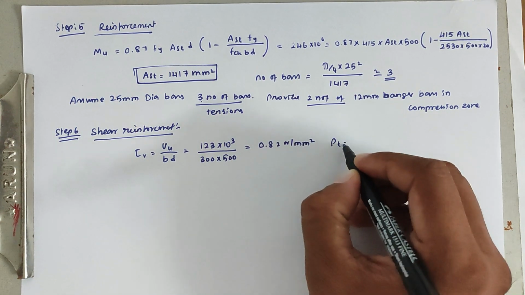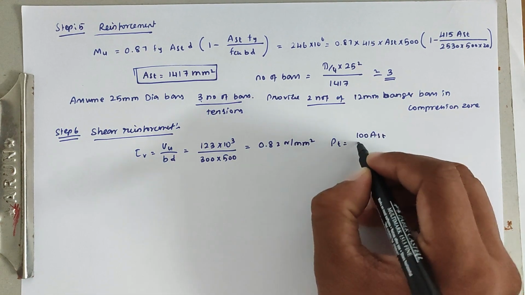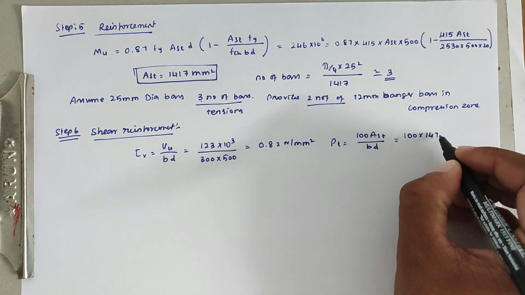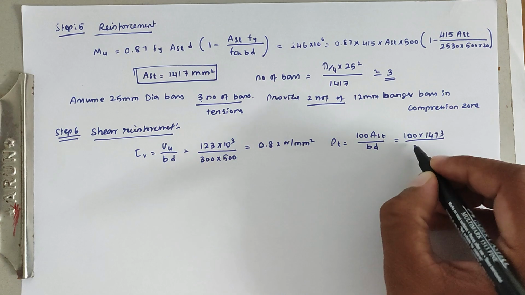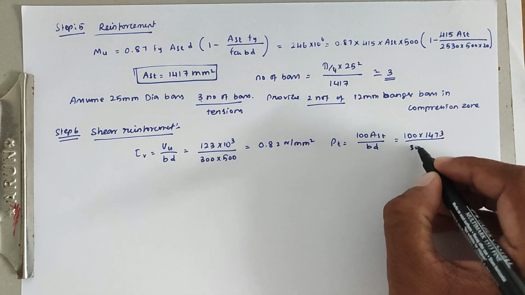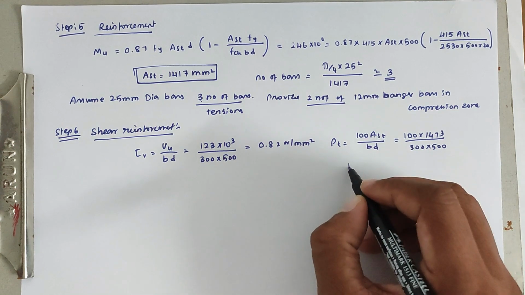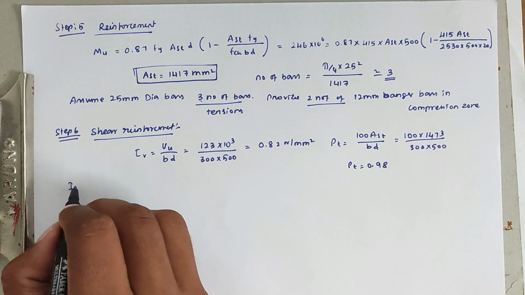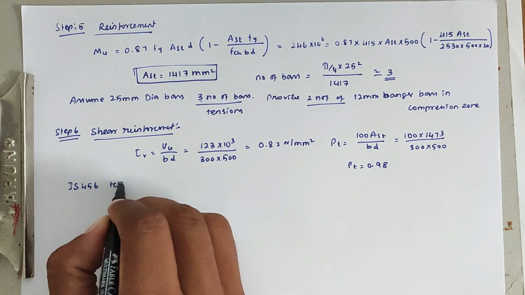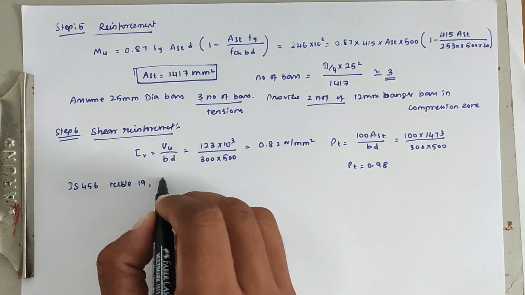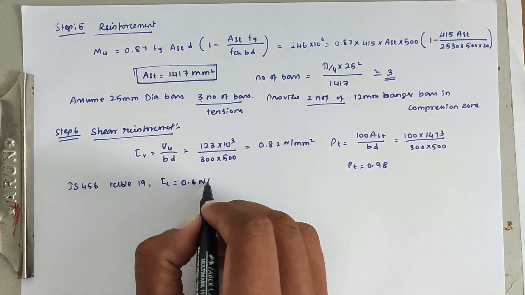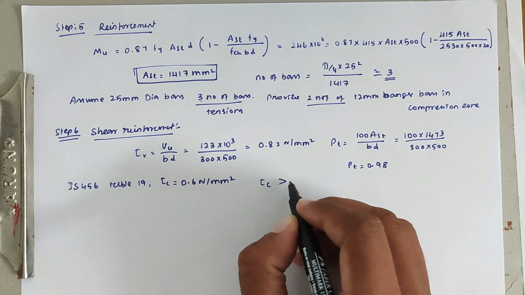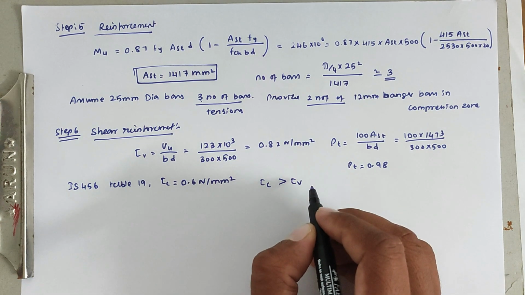Now PT is 100 AST divided by B into D, so 100 into 1473 divided by 300 into 500. PT is 0.98. Now in IS 456 table 19, tau C value is 0.6 Newton per mm square. Since tau V is greater than tau C, shear reinforcement is to be provided.